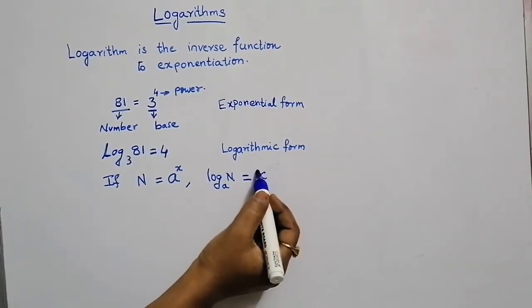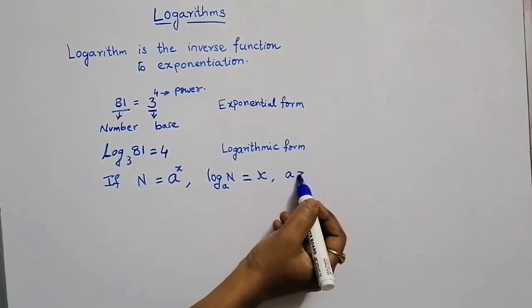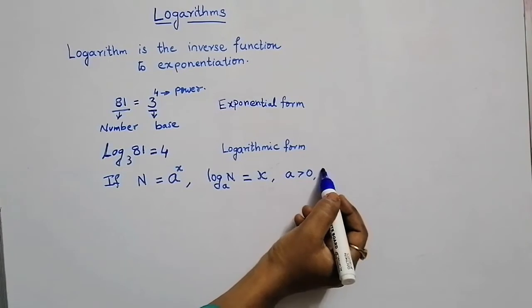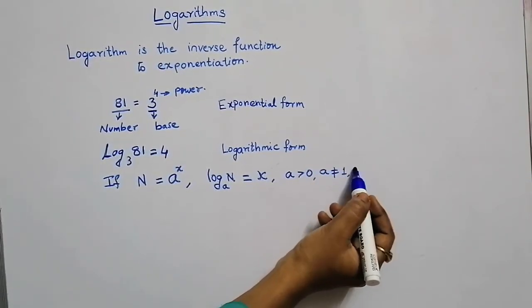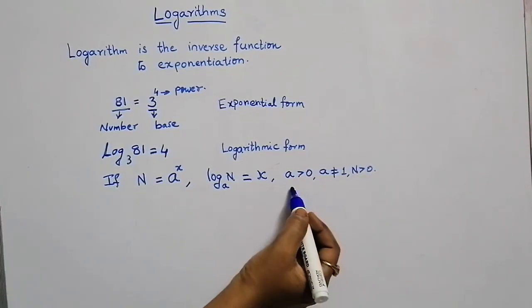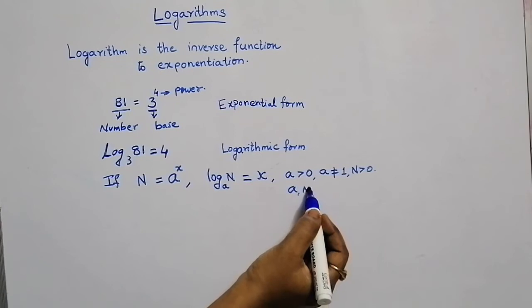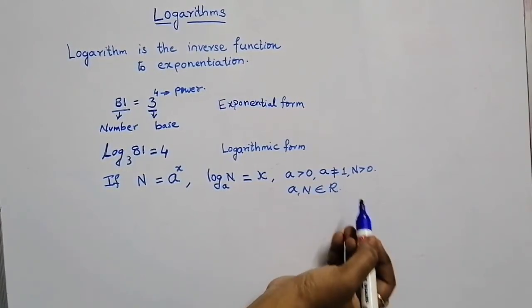The conditions are important here. a should be greater than 0 and a is not equal to 1, and our number should always be greater than 0. Here a and N always belong to real numbers.